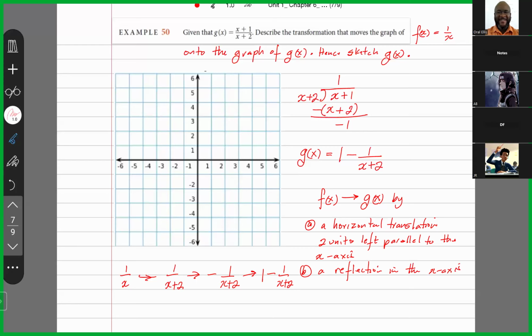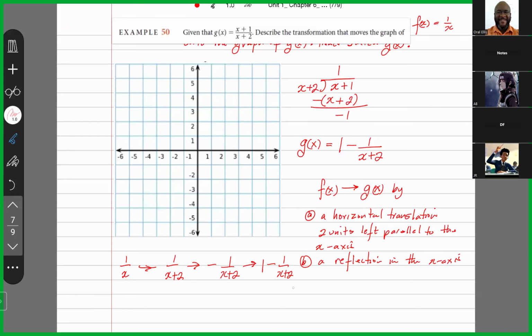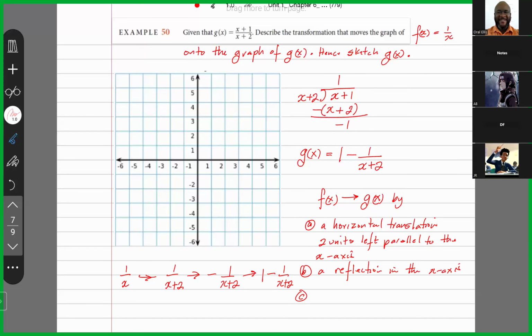And the third one, in moving from minus 1 over x plus 2 to 1 minus 1 over x plus 2, is a vertical translation of 1 unit vertically upwards, parallel to the y-axis.